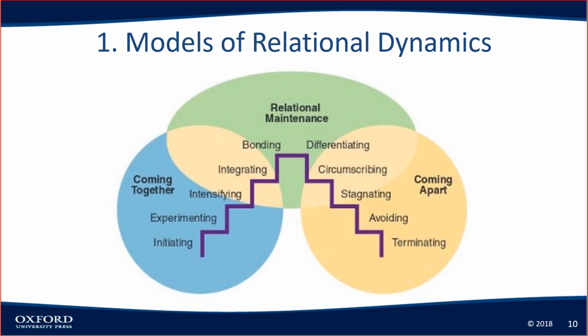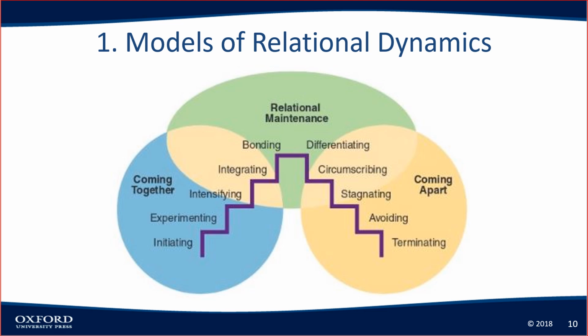Now, if we start to move down into stagnating in the coming apart stage, so the third stage of coming apart, there can be some negative impacts on the relationship. So stagnating occurs when circumscribing continues, when that contact continues to get smaller, there's no new growth, there's no reconnecting, it's just more separation.